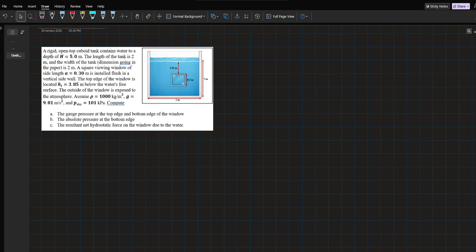Hi all. From the last office hour, I got a few students who are facing challenges understanding this problem. This is problem number 4 from problem set 1. And even from the quiz, I found a few comments where they were asking questions related to this.